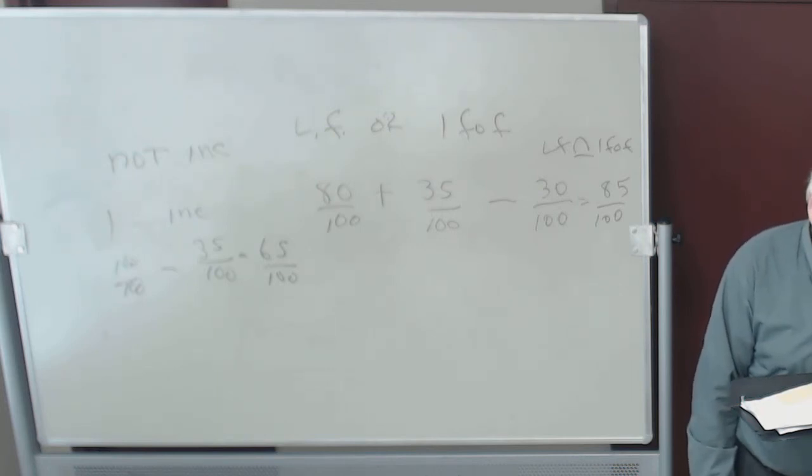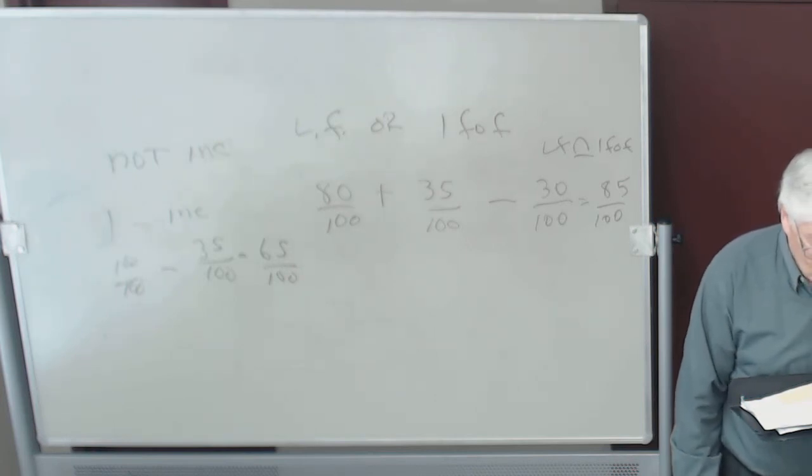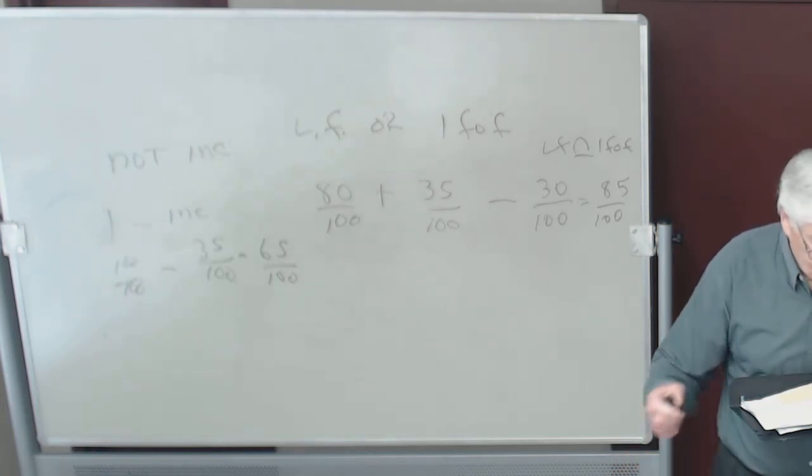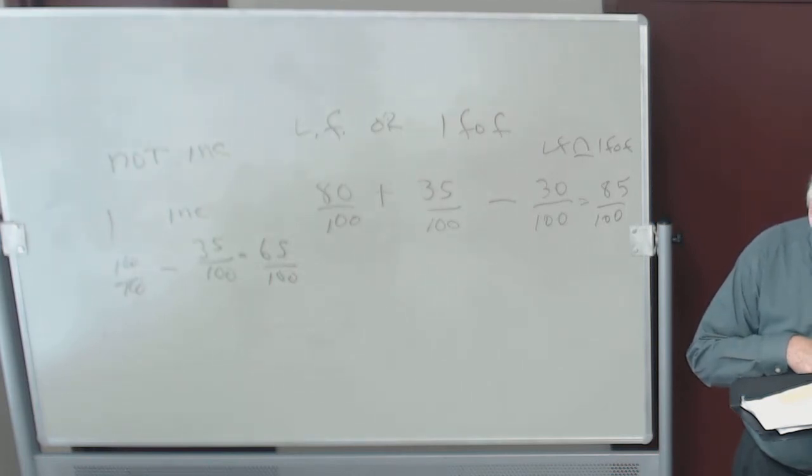Number 30, find the probability the form was a long form with no itemized deductions. Long form with no itemized deductions. That would be 60, except what else did they say? Filled out incorrectly. So what would that be?